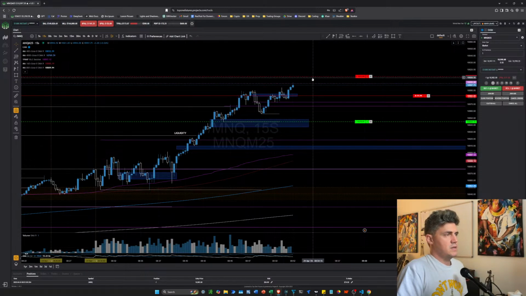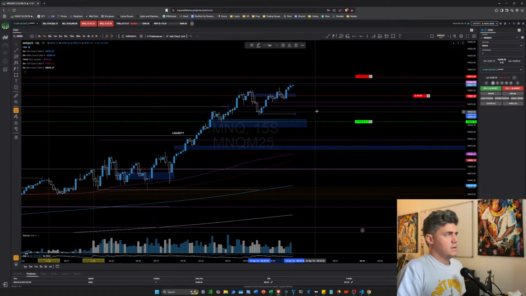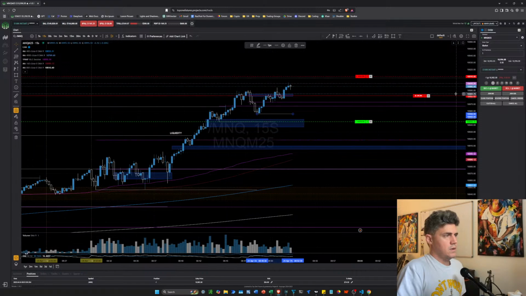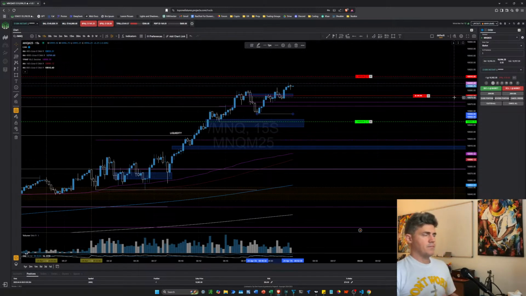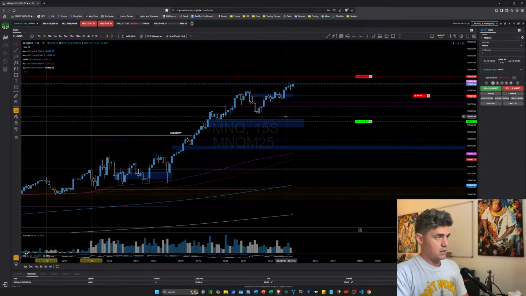In addition, we have the consequent encroachment of this wick. Not going to add to my position. Tempting to add a contract here. Not going to revenge trade or add. Just waiting for the ball to bounce in my favor. You got to take risks to get lucky, as they say.